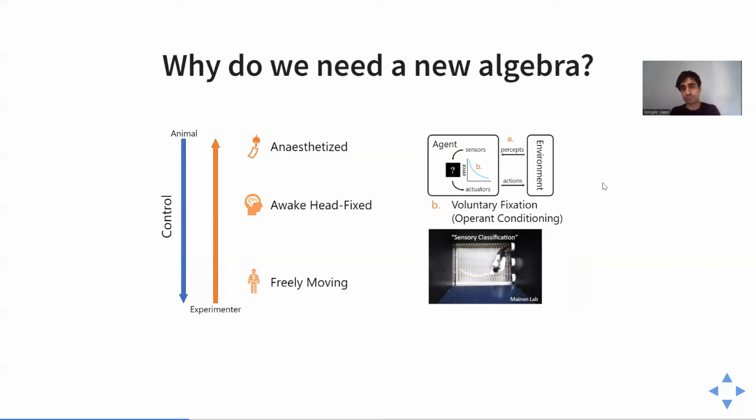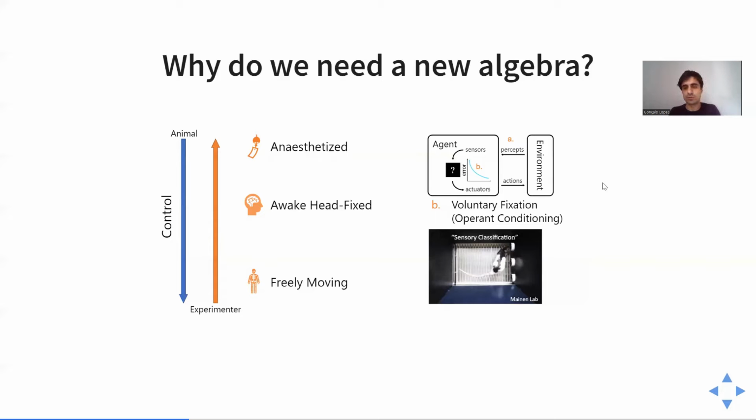And in order to maximize reward, animals will optimize their behavior pattern to engage with the rules of the game. So that is really useful, that they can do that even in a freely moving scenario.